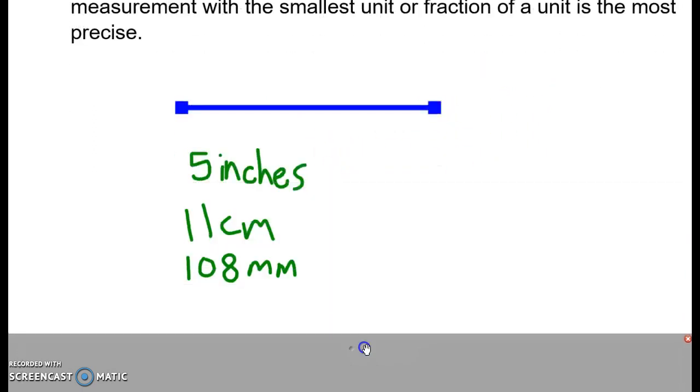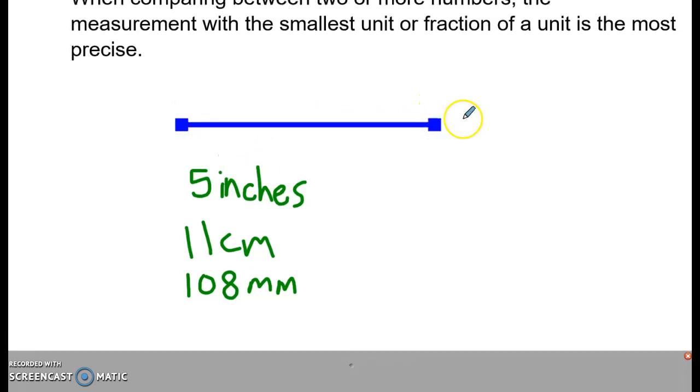So if I measure this line and I say it's either 5 inches, 11 centimeters, or 108 millimeters, even if this line is exactly 5 inches long, 108 millimeters is my most precise measurement because it has the smallest units on it.